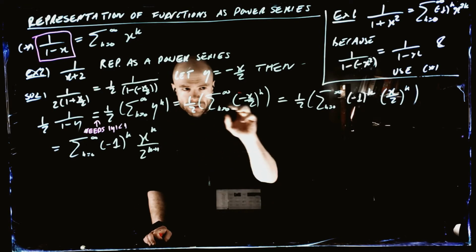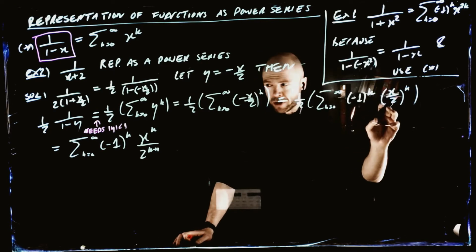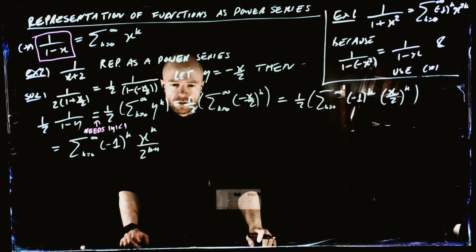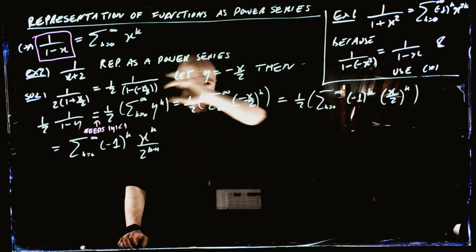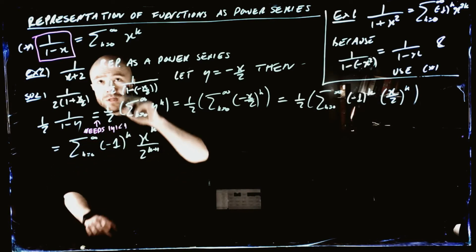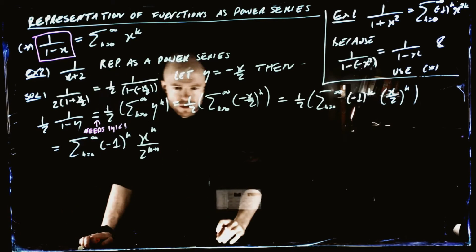So this is nothing. We've just rewritten what y is. This is algebra. This is algebra. All these parts here, completely standard algebra. So the only point in this sequence of steps where we needed anything was here, because this is our basic representation that we're using to start to write things as a power series.